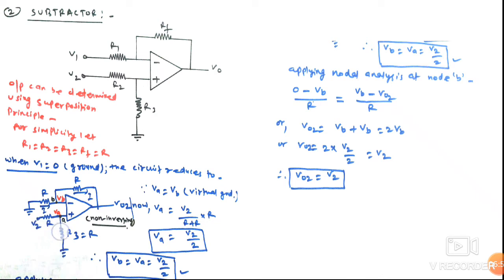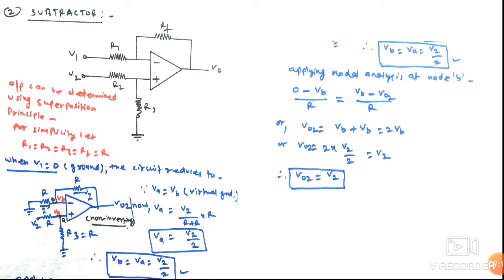VA can be written as V2 upon (R plus R) into R. This gives VA equal to V2 upon 2. So VB is equal to VA equal to V2 upon 2.